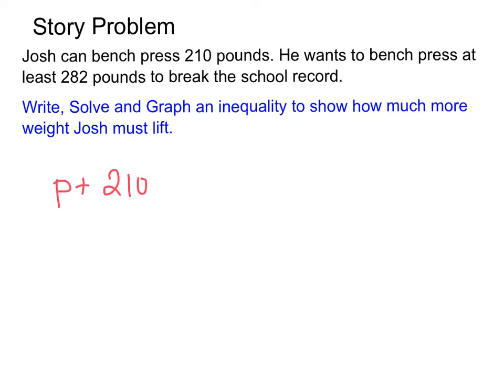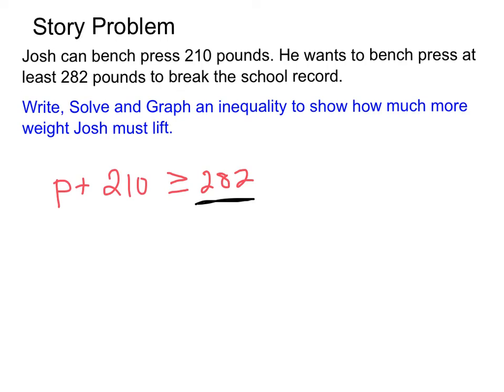So what that's going to show us is a greater than or equal to 282. And the reason I know that is because 282 is the record. If he ties the record, he still kind of ties it. But the idea is that 282 will break the record. So if he can do 282, it'll break the record, and then everything beyond that is still something that he can do. He doesn't have to stop at 282.